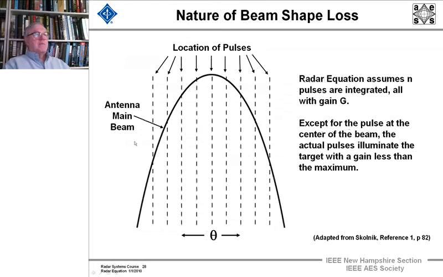And those pulses, the pulse of energy that's sent out, are going to be modulated by the antenna beam as the antenna beam moves across the target. And so the return from each of these pulses is going to be amplitude modulated by the antenna gain and the motion.